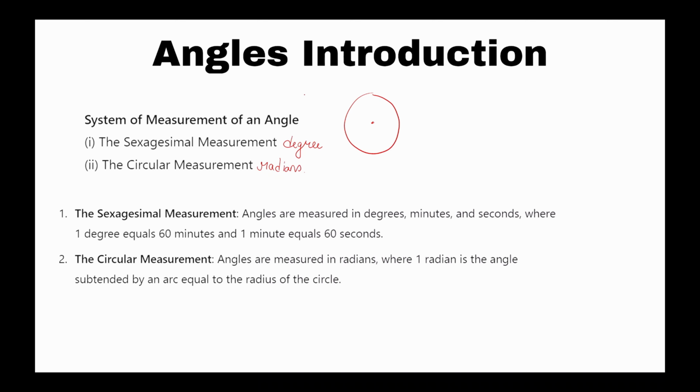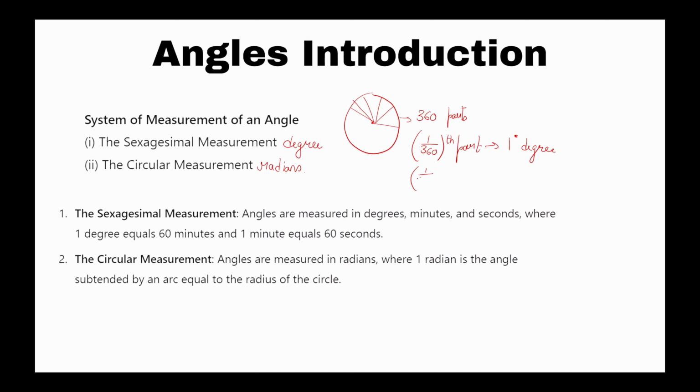Now, if I was to get into the details of the sexagesimal system, let's say this is a circle and I divide this circle into 360 equal parts. If this circle is divided into 360 parts, then the 1 by 360th part would be called 1 degree. It is generally represented by a small dot in the superscript.